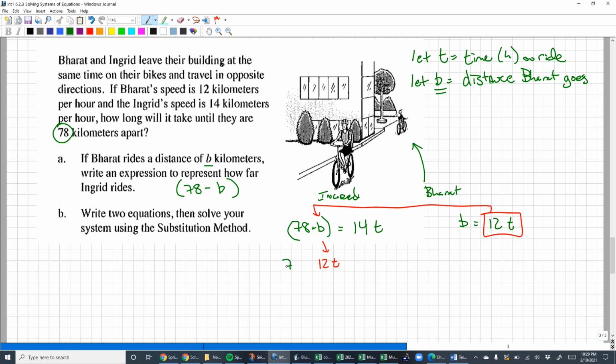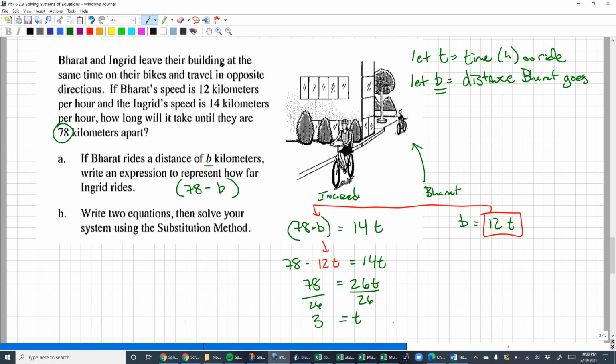I'm going to say, okay, 78 minus 12t is equal to 14t. Now let's combine some things. I'm going to take the 78, bring the 12 over to the other side and get 26, and then divide by 26 and get the time is equal to 3.